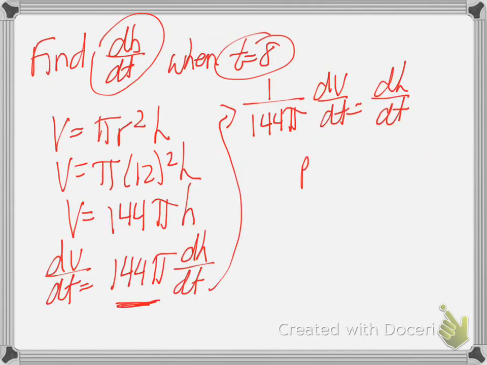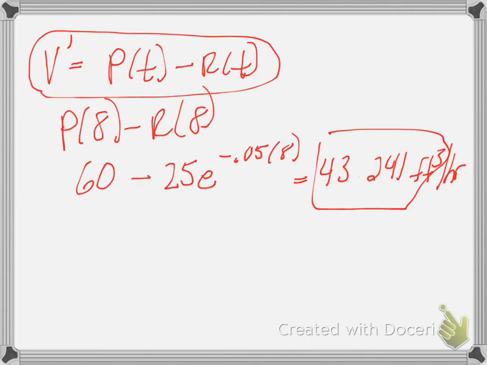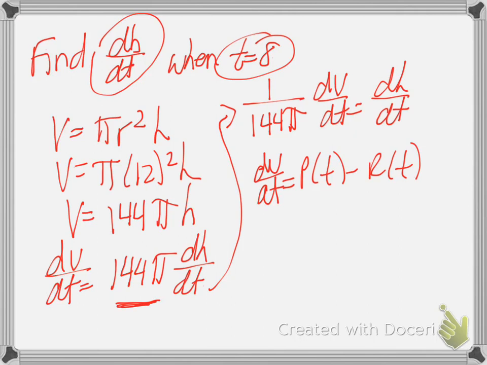So the derivative is P of t minus R of t. That's going to be our dV over dt. So if we are interested in when t equals 8, then you're just going to put 8 into all of these things, but we already did that. We got this, 43.241.